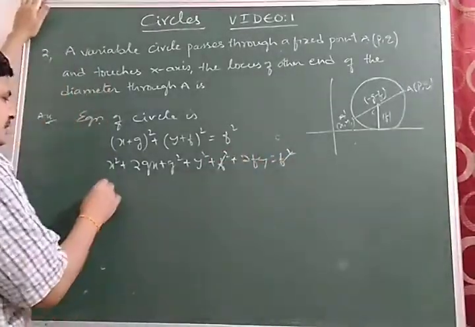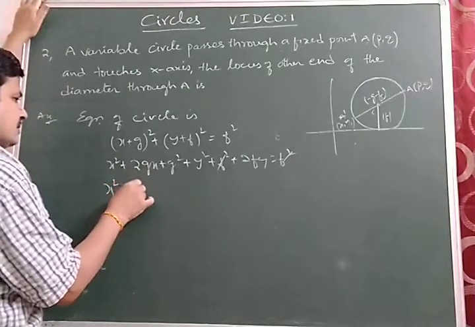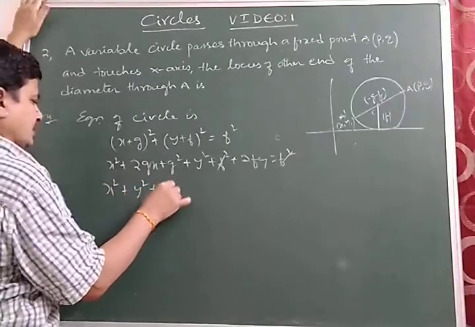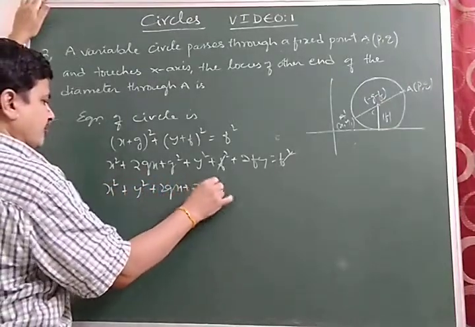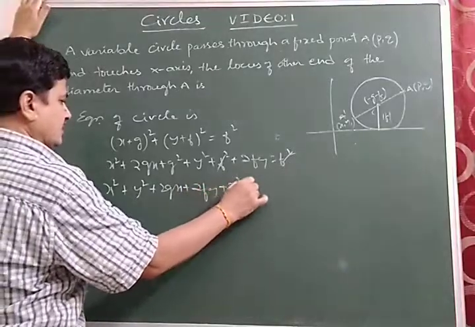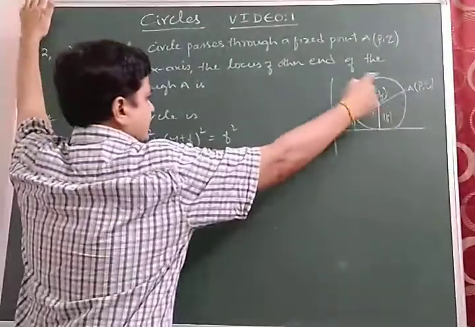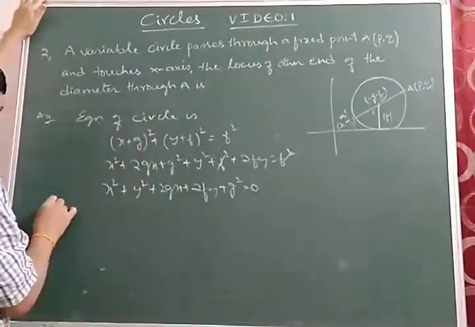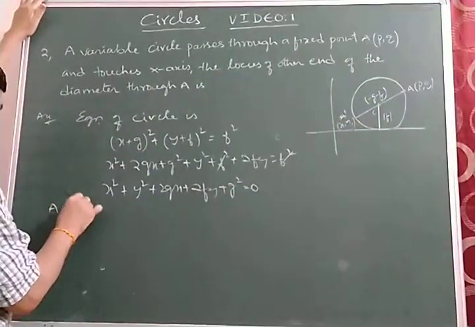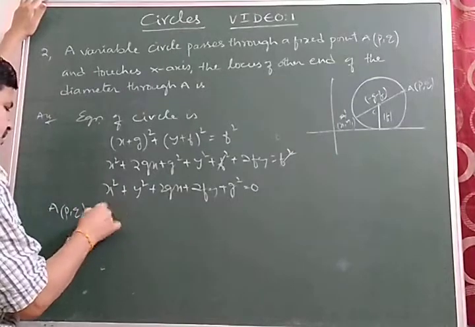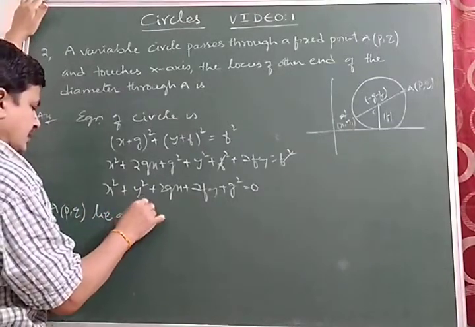Both f squares are cancelled. Now x square plus y square plus 2gx plus 2fy plus g square equals 0. This is the equation of the circle which touches the x-axis, and the point A(p, q) lies on this circle.